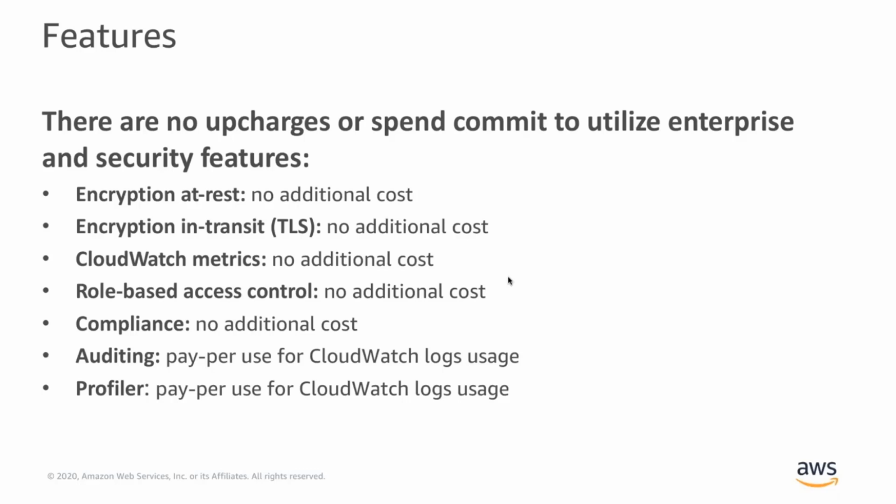But when we do that, the CloudWatch log usage rates do apply. Those are pay per use when those features are enabled. Both of those features are disabled by default. But the CloudWatch metrics, we have over 40 of them, are at no additional cost.